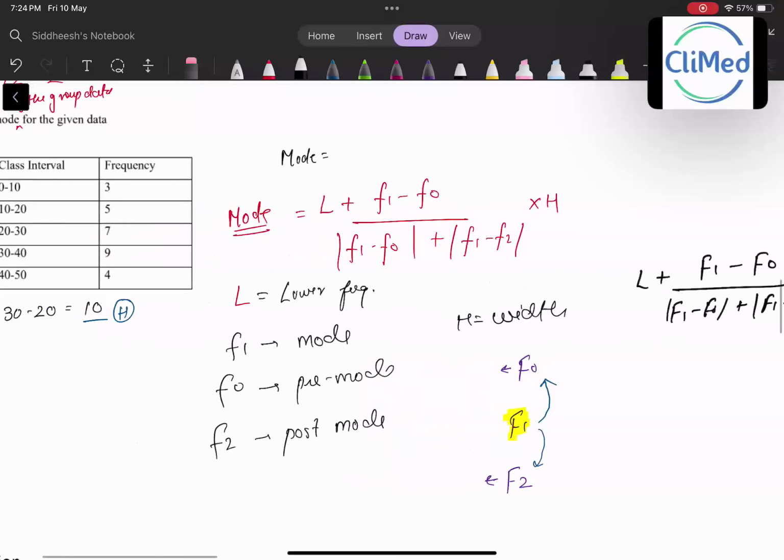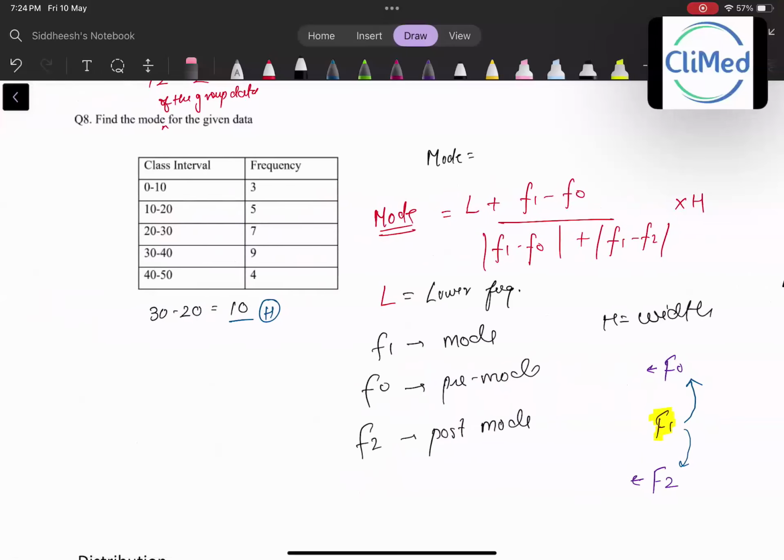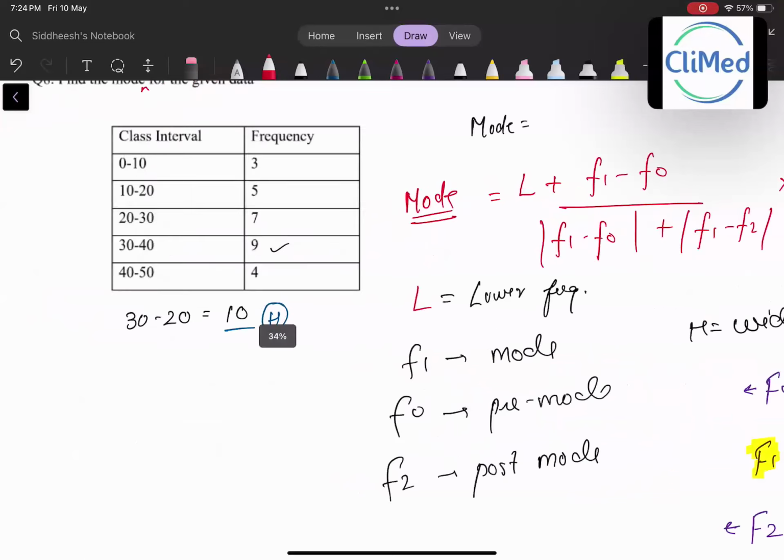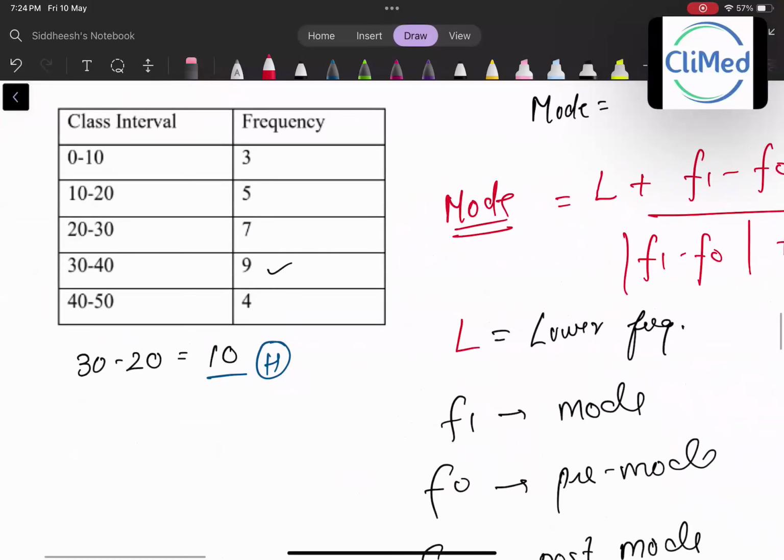Now, what is mode? The most frequently occurring observation. Here we are having 9, so our mode is 9, in the range 30 to 40. If 9 is the most frequent observation, this is your F1, your mode.